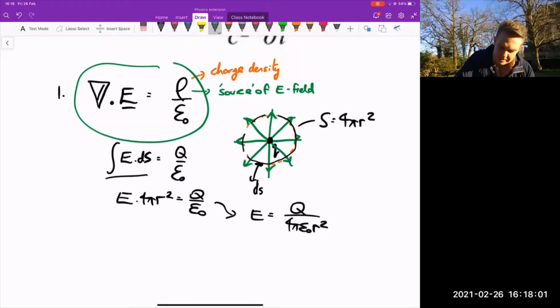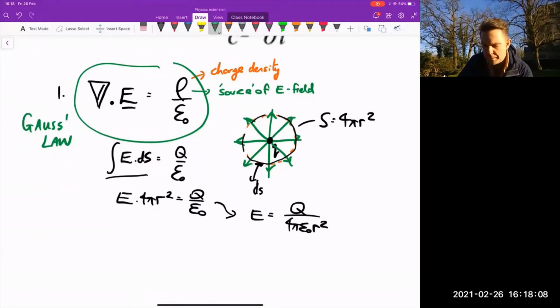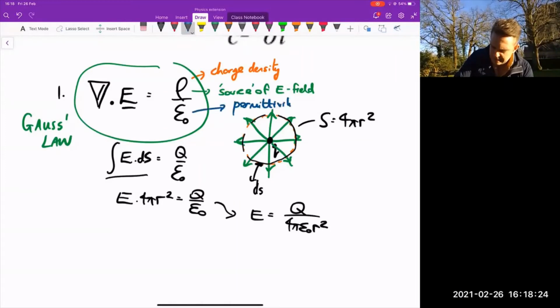This is called Gauss's law. And this is equally applicable to gravitational fields because you can replace the charge density by mass, can't you? And epsilon naught by another constant. For those of you who are first years who don't know, this is just the permittivity of free space, which is a constant, 8.85 times 10 to the minus 12 farads per meter.